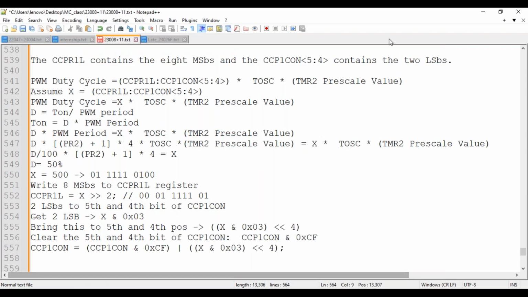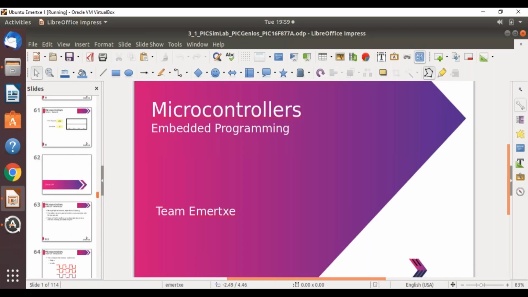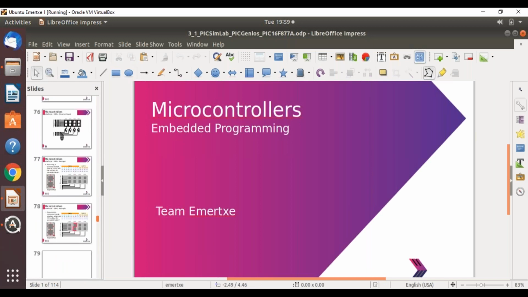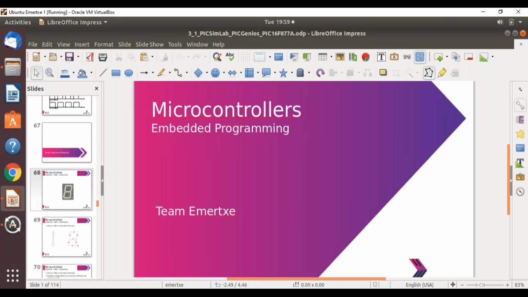All right. So let us continue. The next peripheral we have got to discuss in this module is nothing but the SSDs. Now, do you know what exactly SSD stands for?